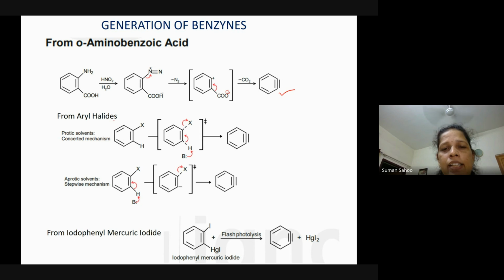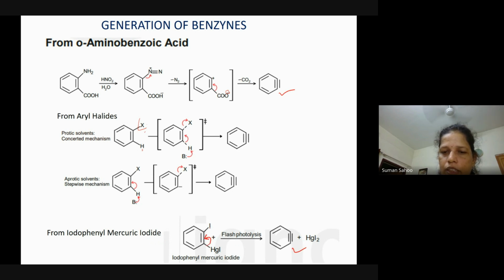And from aryl halides also, as we have already discussed, this hydrogen is acidic in the presence of a strong base that would take out this proton, and the halide would be eliminated. That is the elimination mechanism. Even from iodophenyl mercuric iodide, when you do flash photolysis, that also generates your benzyne.